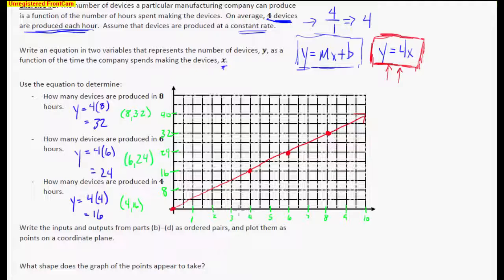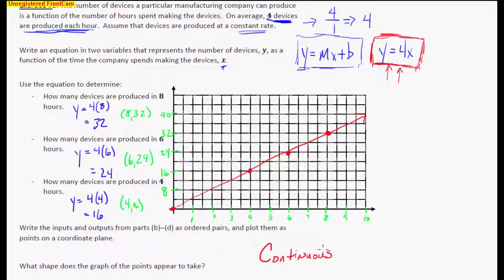Not really, because I can plug in 3.3 minutes, and I can plug in 7.8 minutes, etc. So I'm going to say that that is a continuous function.